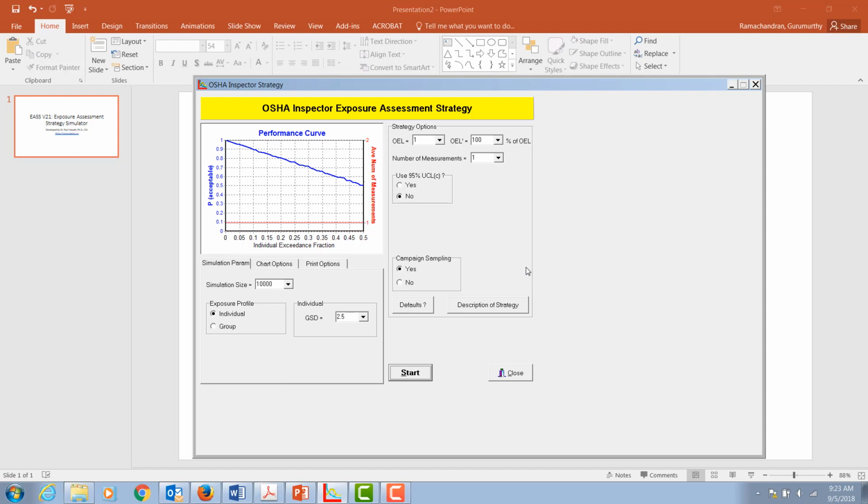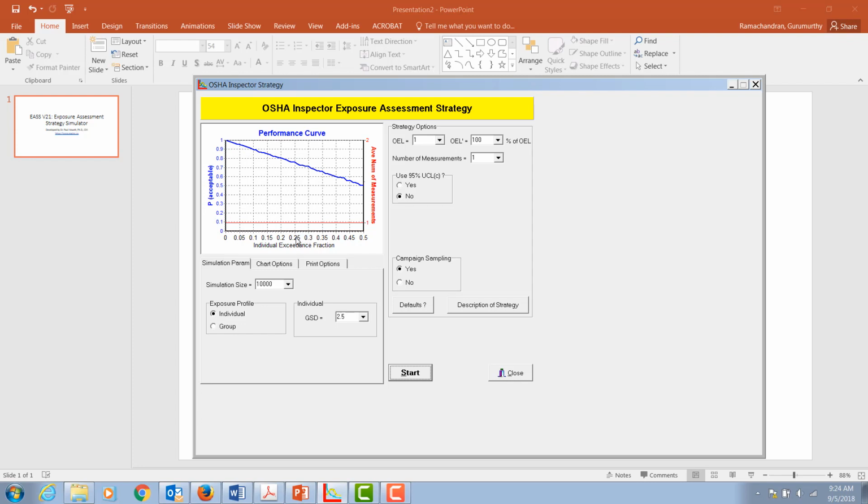And since the strategy is based on typically one measurement at best, and we have set the number of measurements to be 1, so it is based on one measurement. The performance curve is essentially a straight line.